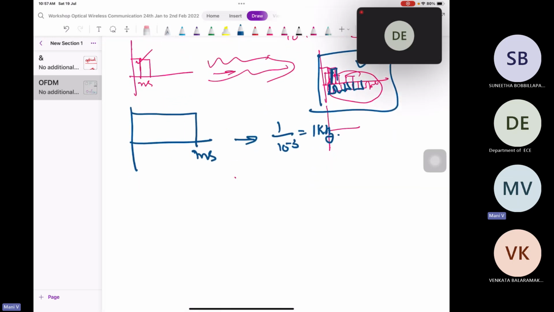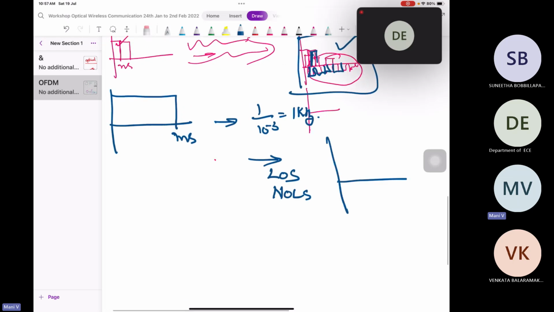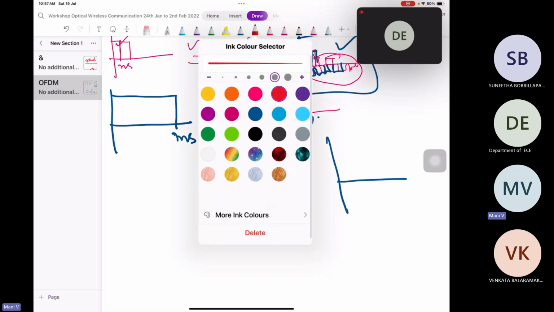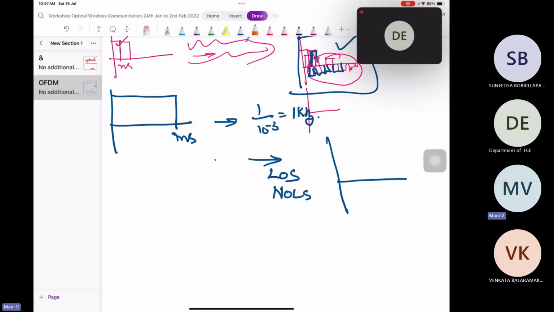So even if we have a line of sight or a non-line of sight communication, what we receive at the receiving end, if I am transmitting with this signal, is that even if multiple multipath components are present, they come only in a small cluster.